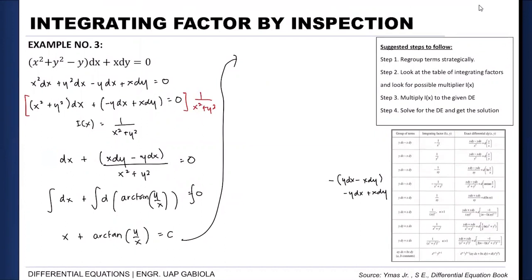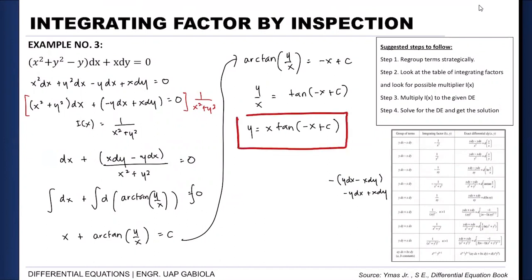We transpose x to the other side: arctangent of y over x equals negative x plus c. Then we take the inverse of arctangent, so y over x equals tangent of negative x plus c. Then we multiply by x, so y equals x tangent of negative x plus c. This will be our final answer for this differential equation. So that is the solution.